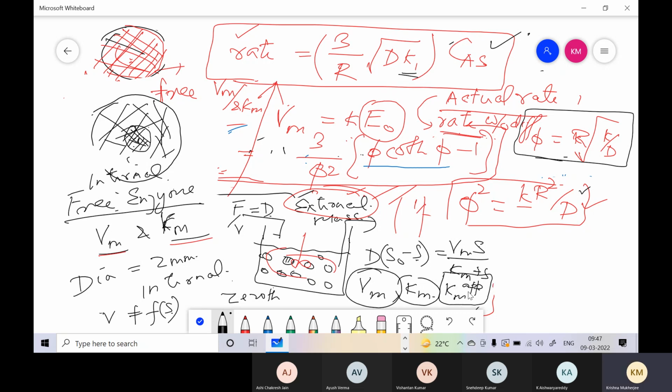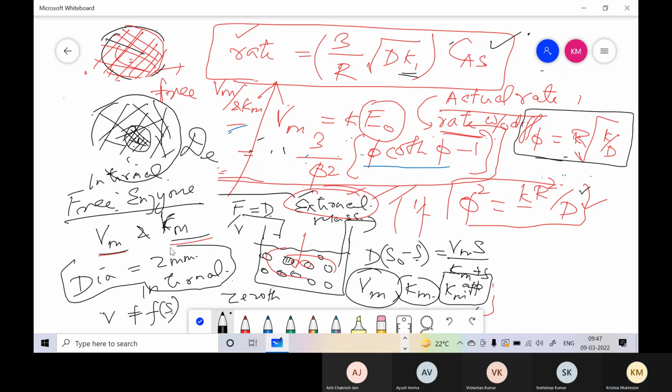I want you to think of what is it that if I get a certain Km apparent, how do I now use this to determine the diffusivity, given the diameter of the column. How would you use these equations to determine diffusivity if I know Km apparent? Tell me, let us have a guess.